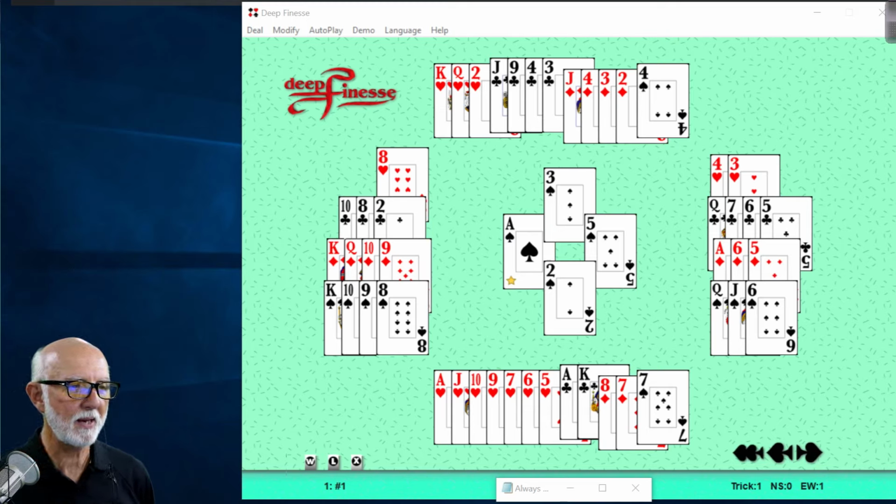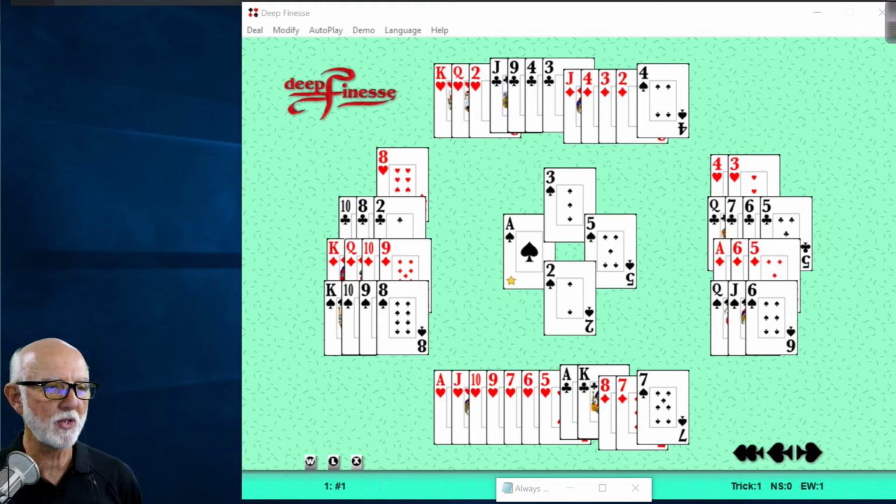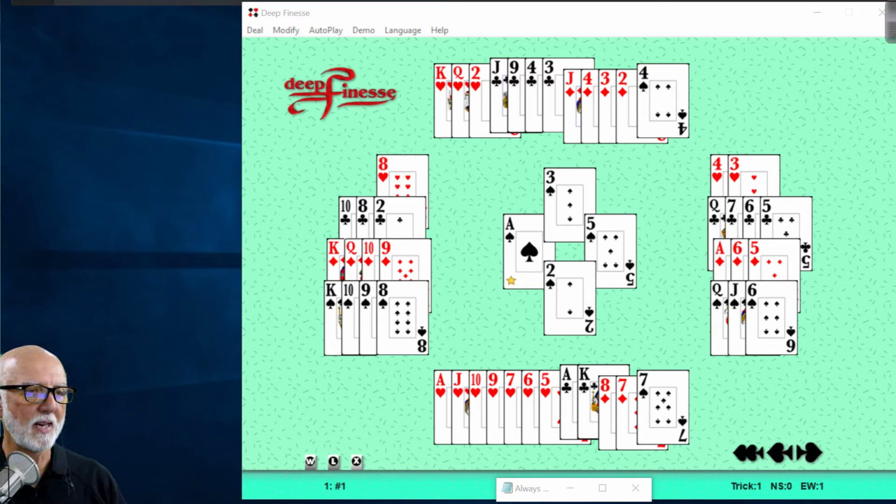If the dummy had queen 3 times and we don't know whether we should play the king next, that would be an instance with advanced players where you'd want to show count. We normally do count signals with the ace on a no trump contract. If you like to do king sometimes for count and ace for attitude, there's different ways, but I'm going to continue on with this right now.